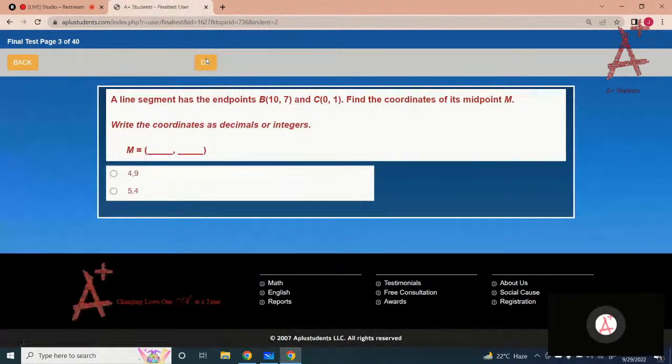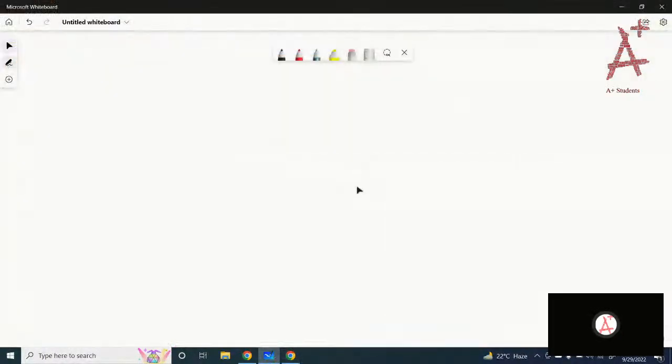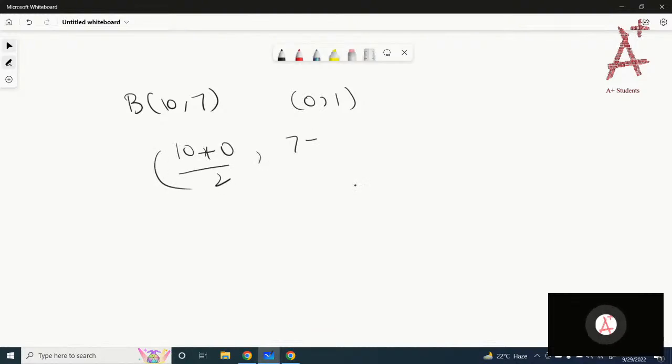Okay, the next one is, a line segment has the endpoints B (10, 7) and C (0, 1). Find the coordinates of the midpoint. So the values are B is 10, 7 and C is 0, 1. For the midpoint, you have to add their x components and divide by 2: 10 plus 0 over 2 and 7 plus 1 over 2.